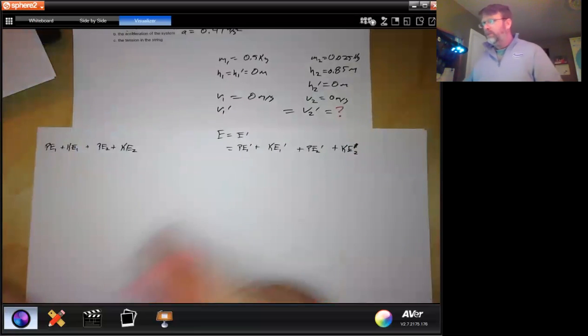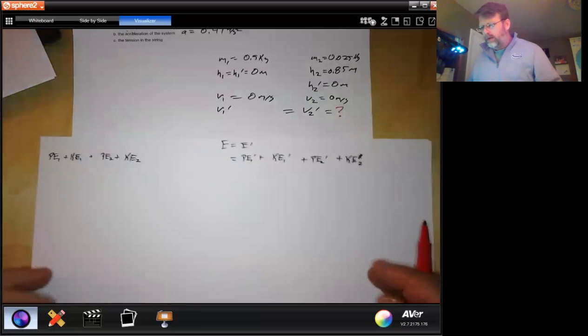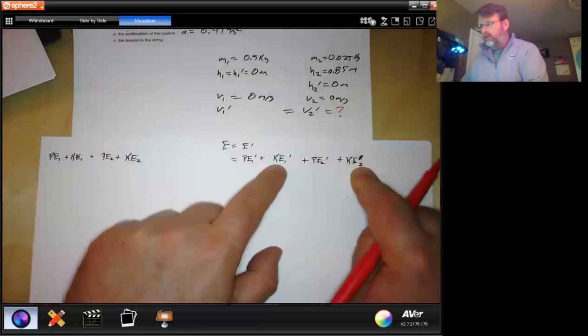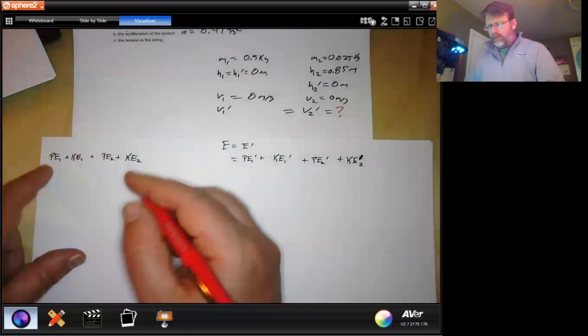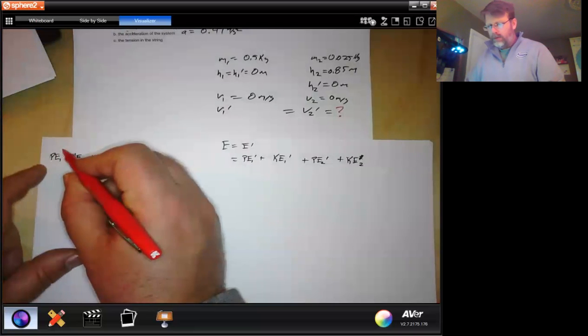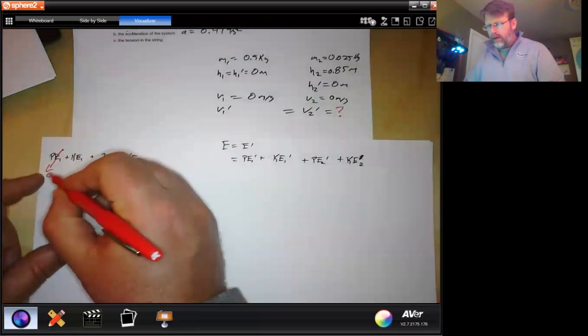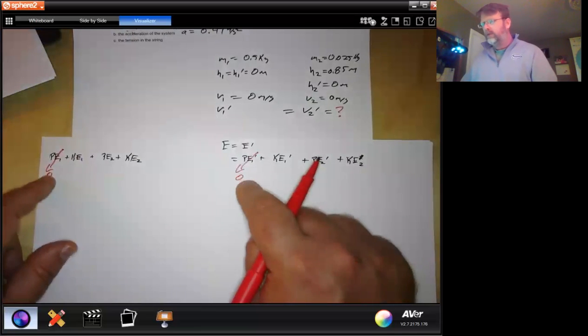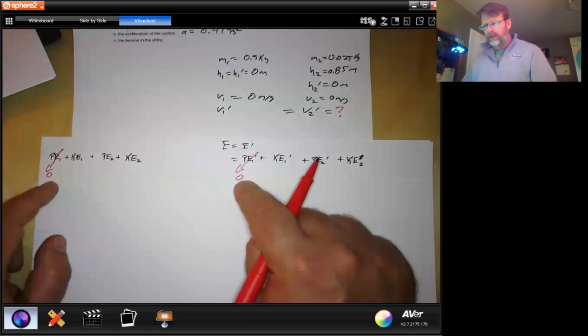So again, it saves you a lot of work if you can identify anything multiplied by 0. So we know this is what we're looking for. These are not zeros, okay? But this starts off and ends at the same height. So we know at the very least, there's no change in potential energy.